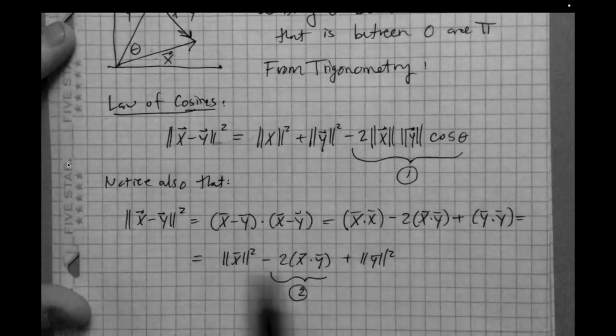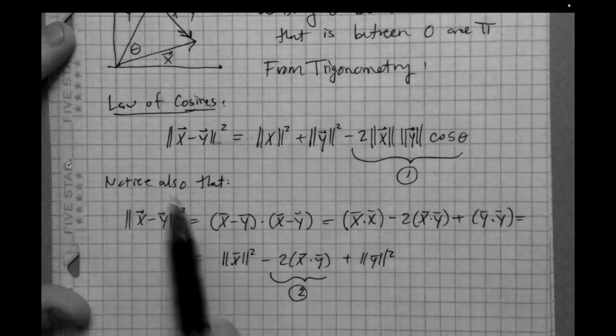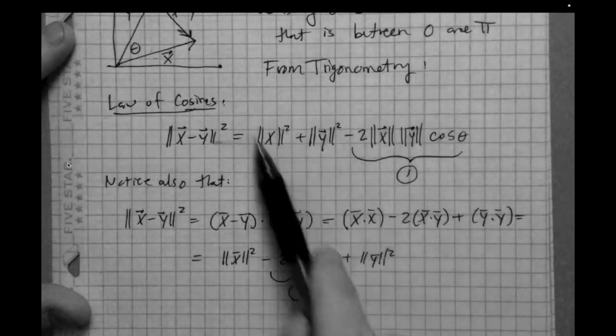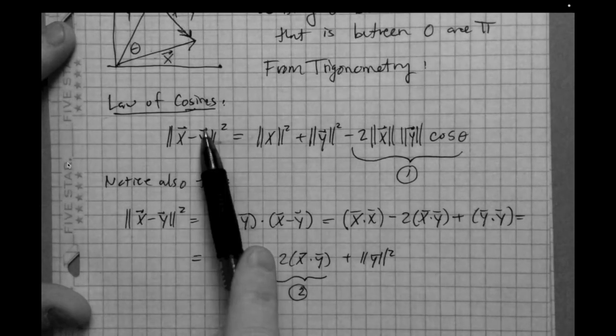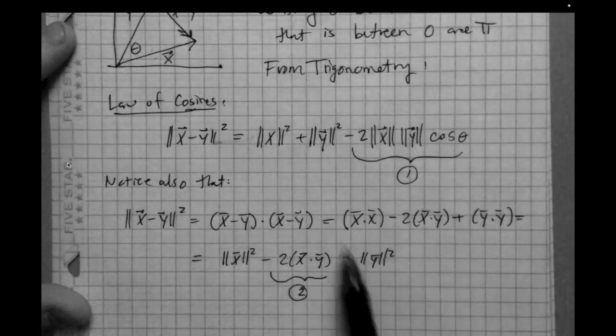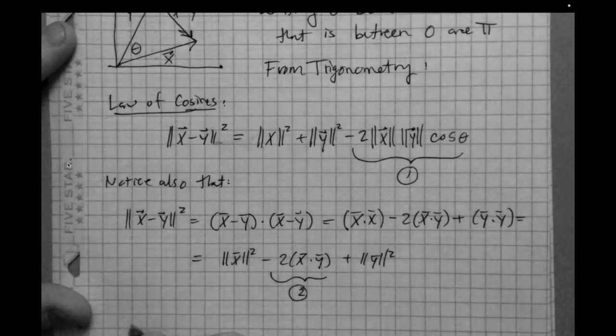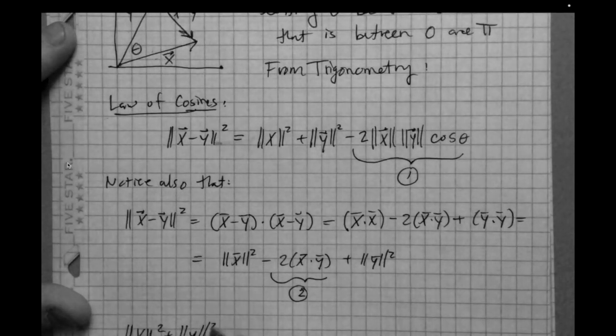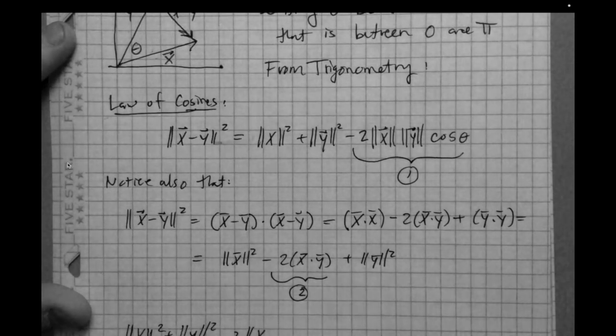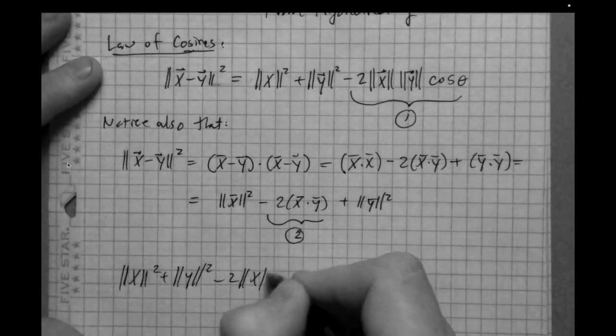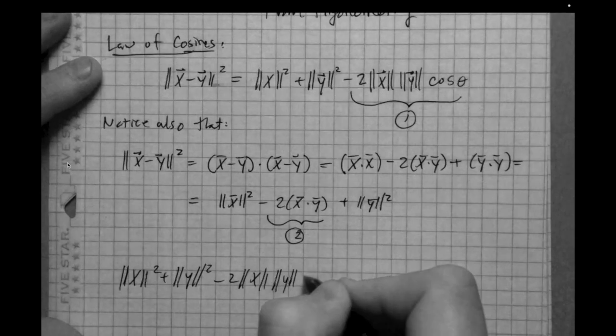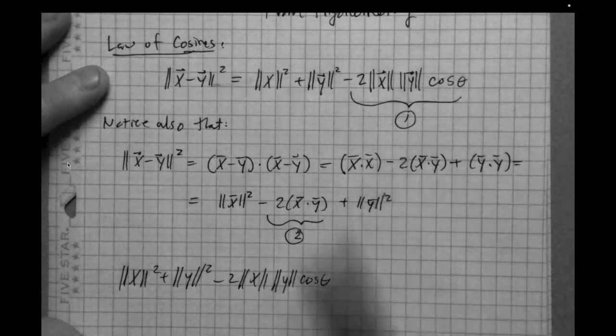Well, this expression here is equal to this. This expression here is equal to this, right? So that means this guy here and this guy here are equal. Probably don't need to write this out, but I'm going to just to make sure this is clear. Okay, so this is just 1.